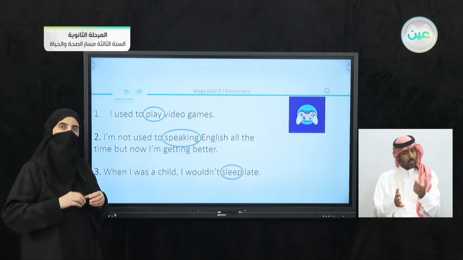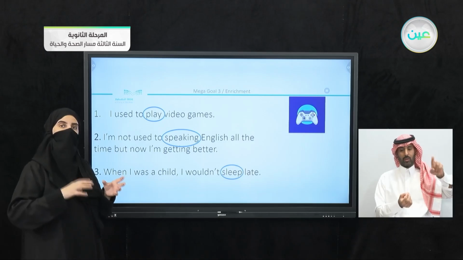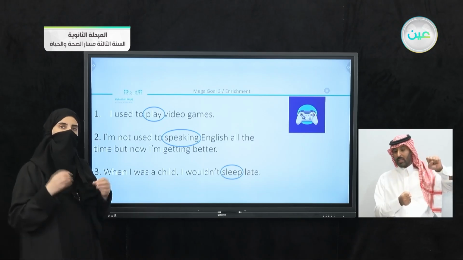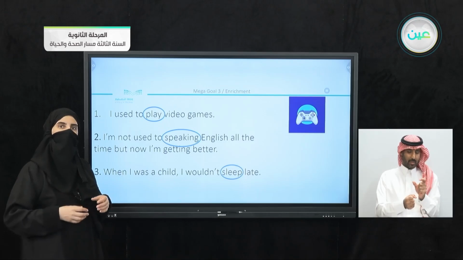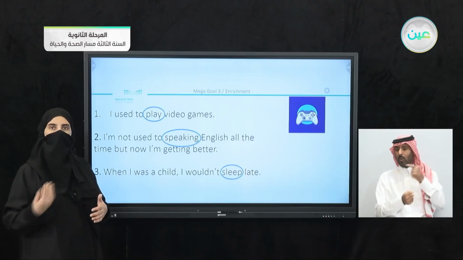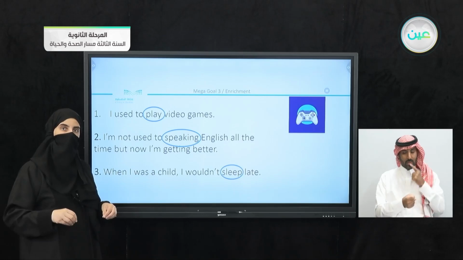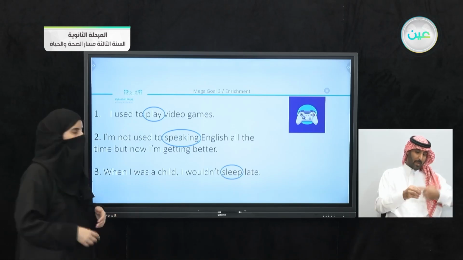Now, you know that when you have used to and would, and if you have was and were going to in the sentence, you must use the base form. But if you are using be used to, you are talking about something that is a habit or routine at the present time, so you can just follow up with a noun after it.